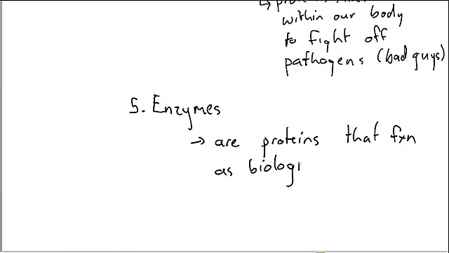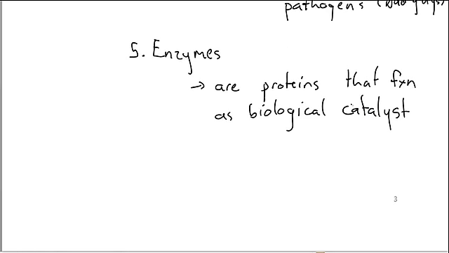Those of you who have chemistry should know that a catalyst is something that speeds up a reaction without actually being used up, so it can be recycled and used over and over again. So that function as biological catalysts to speed up reactions in our bodies.